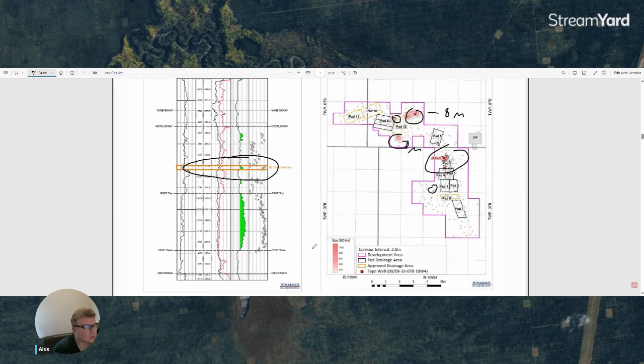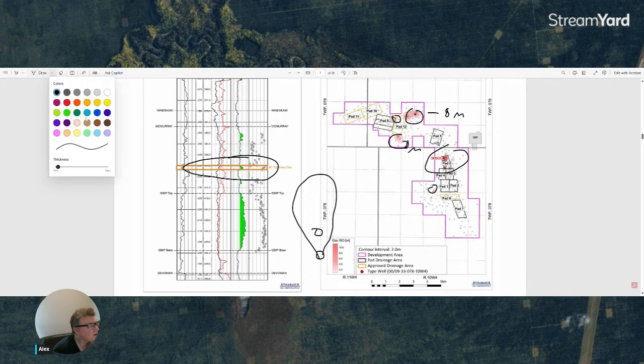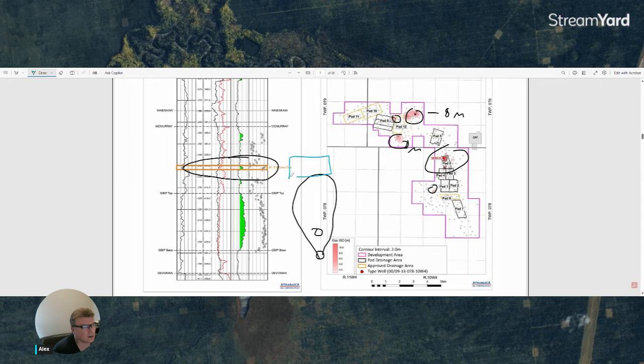So why don't you want exposure to a lot of gas? Let's say you have injector, producer, and you have chamber development, and maybe I'll use blue color here. So blue for gas. Now that gas is mobile, right? Just like you learned about the different phases, it's mobile.